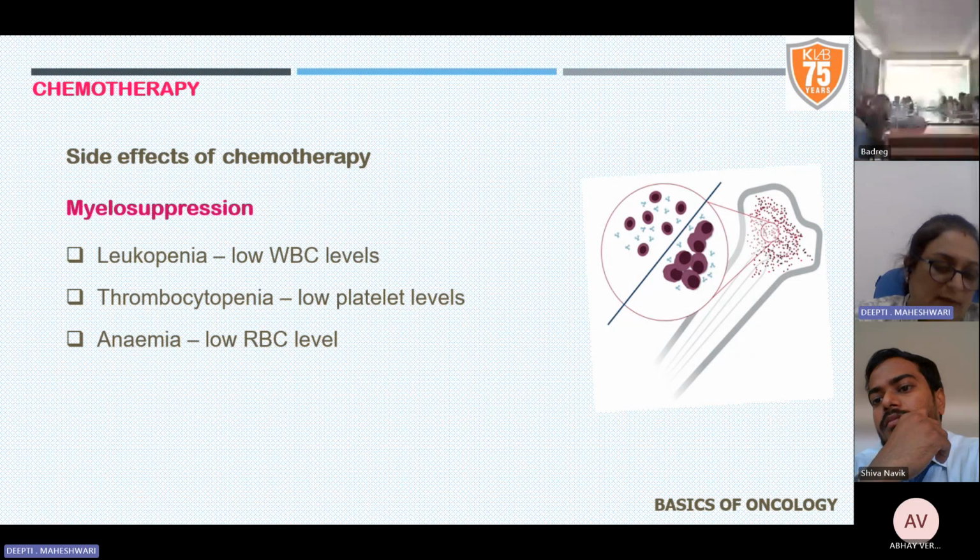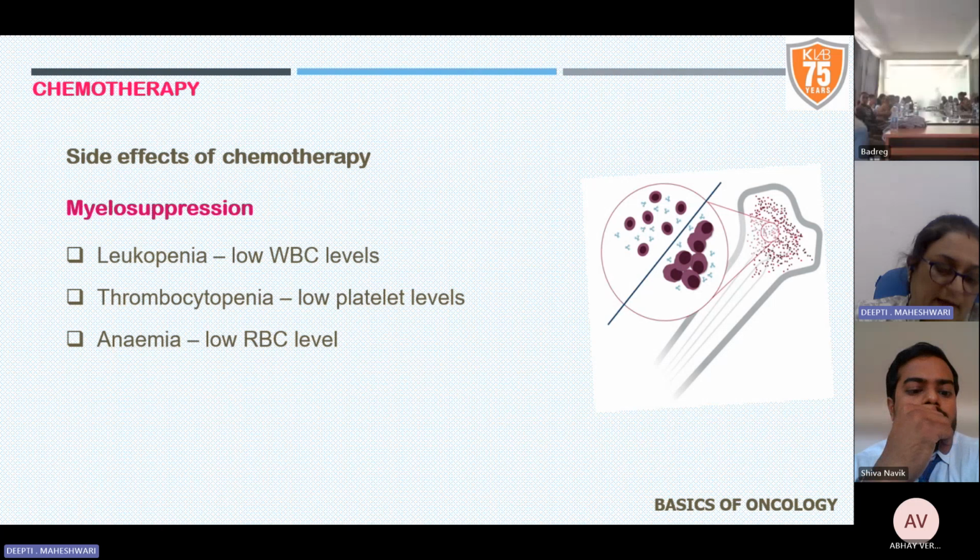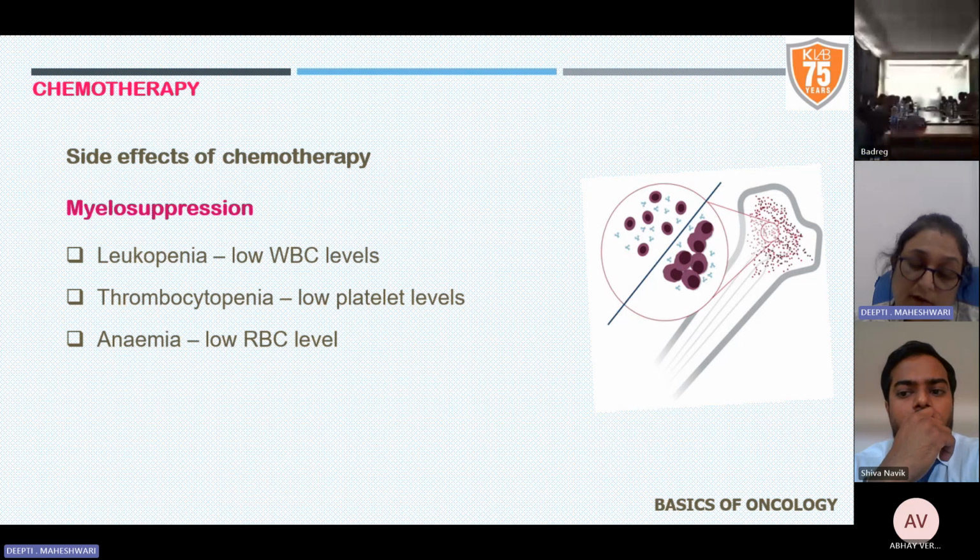This is something that we have to remember because we are going to be meeting oncologists day in and day out, right? So can a surgical oncologist treat solid tumors?